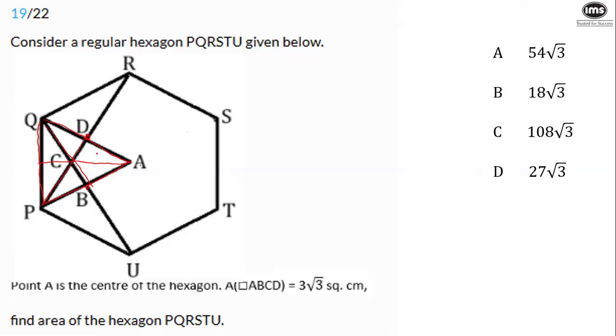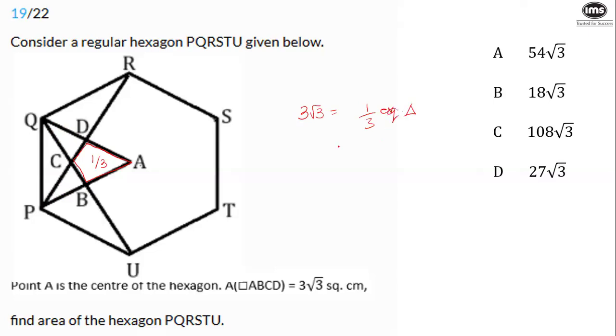And if I draw the third median, I will have 6 equal triangles. So each of these triangles is 1/6 of the area. If I don't draw the third median, this 1/6 and 1/6 together gives me 1/3. This area is 1/3 of the equilateral triangle. The area ABCQ, which is given to us as 3√3, is 1/3 of the equilateral triangle.